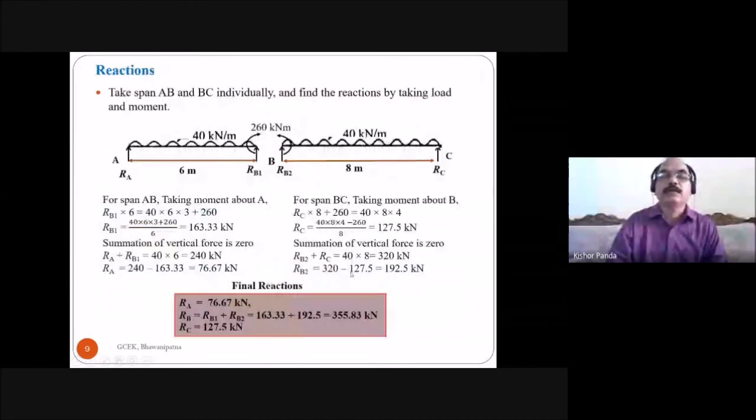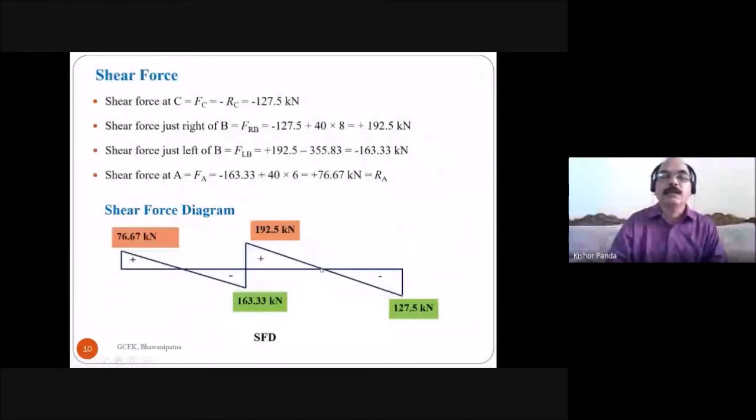Because the angle is the same and this is the same base, you have to take the similar triangle. 127.5 divided by y is equal to 192.5 divided by 8 minus y. After simplification, we'll find the length y. Then after knowing this length, you can find the maximum positive moment.